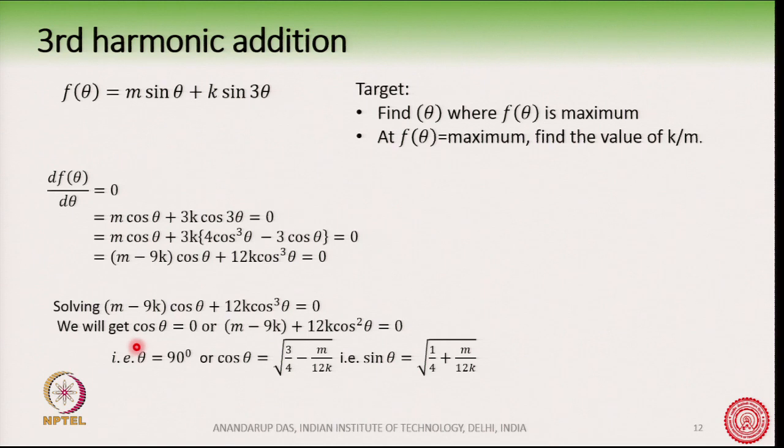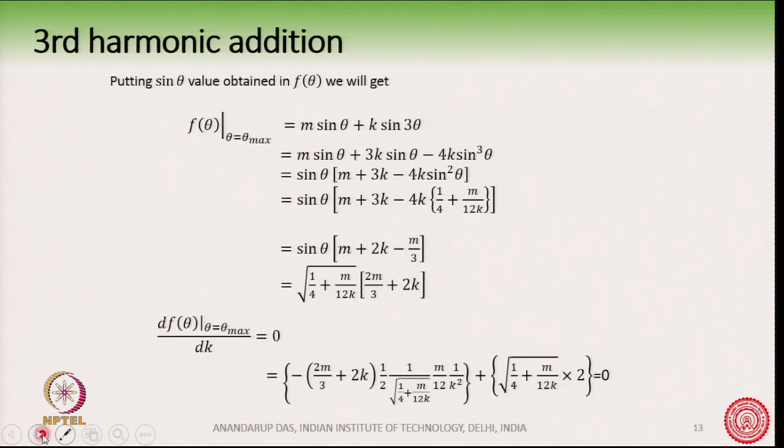So, we will not take theta equal to 90 degree. We will take the other solution, m minus n k plus 12 k cos square theta equal to 0, and then we will first solve the value of cos theta and sin theta here, which we will utilize here.